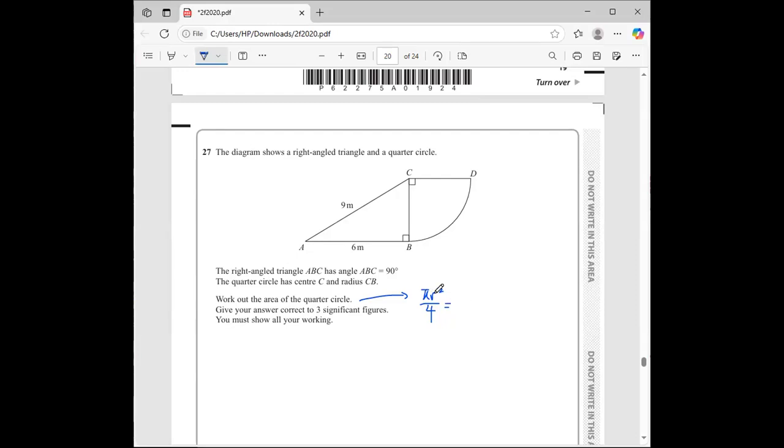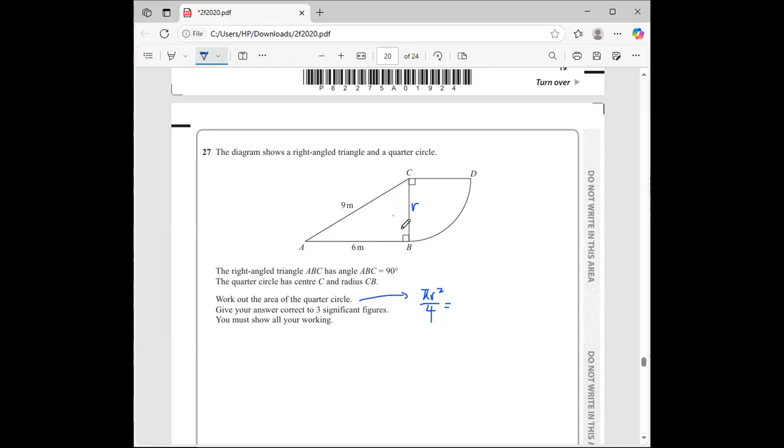So the radius is what? Now, did you notice something? The radius was not given to us, so we have to calculate it. Can you guess what the radius would be? The radius, R, somehow has the same length as this side of the right angle triangle.